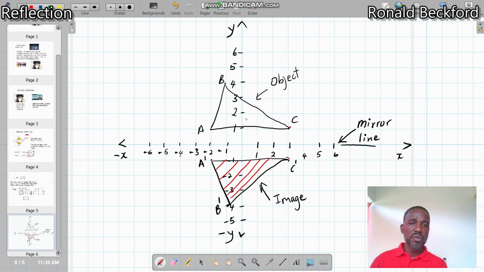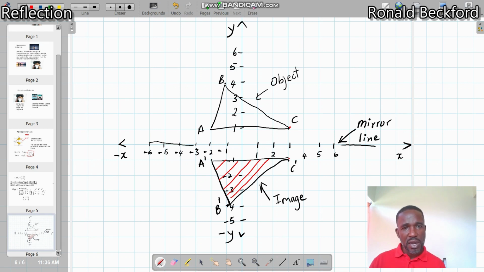And so here we have the object, so we have A being -2, 1, and B being -1, 4, and C being 3, 1.